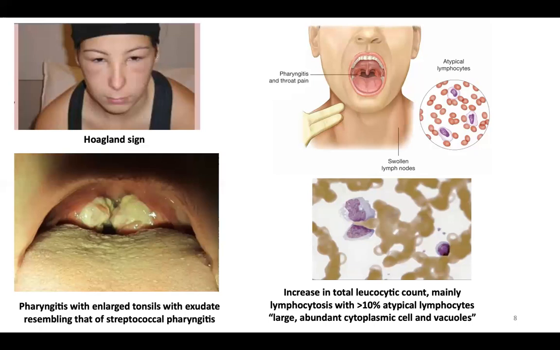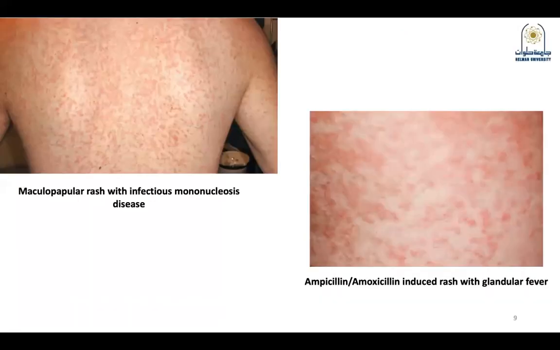And don't forget that 50% of those cases have splenomegaly, which regresses after infection. This is the shape of the maculopapular rash, which exists in 15% of the cases. And of course, penicillin, ampicillin, and amoxicillin specifically will enhance this rash, increasing the risk to more than 50% of the cases.